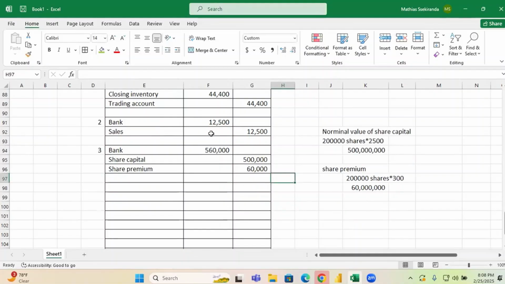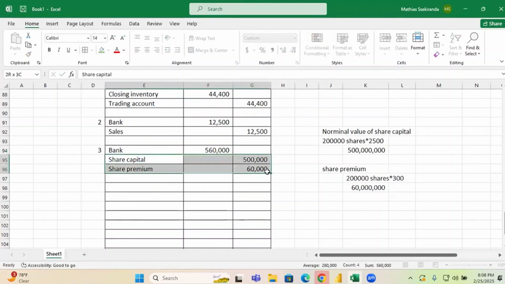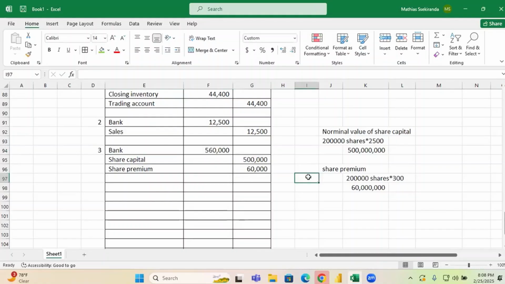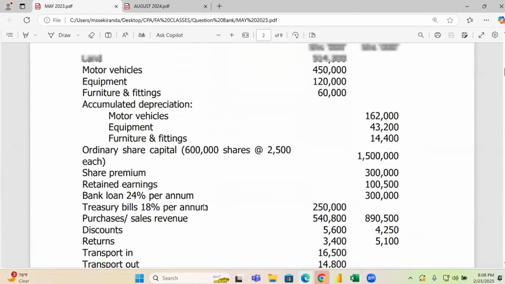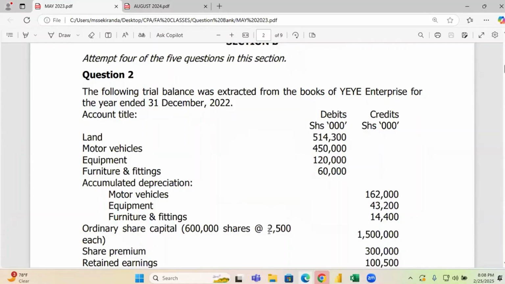If you split share capital and share premium, it is very easy for you. Even if you go to the balance sheet, even if you go to the changes in equity, it becomes very easy because you have split them. And splitting them is very easy. When computing nominal value, only compute it by using the nominal value amount, the amount at which the share is stated in the balance sheet.